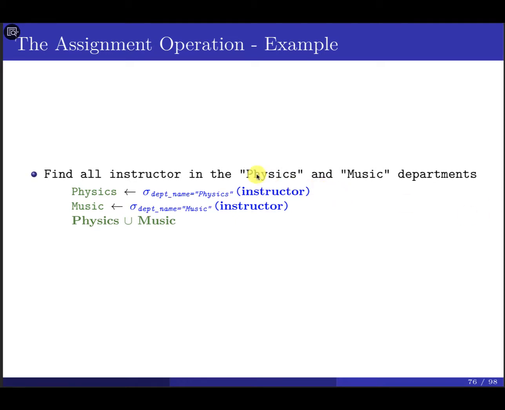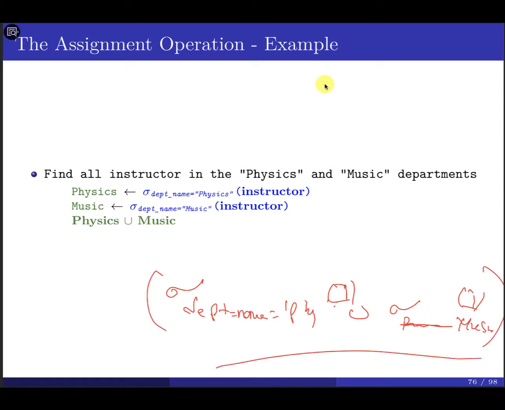Here's an example: find all the instructors in the physics and the music department. Of course, the simple way to write this is: select department name equal to physics, then union, the selection where department name, for example, equals music, from the instructor.